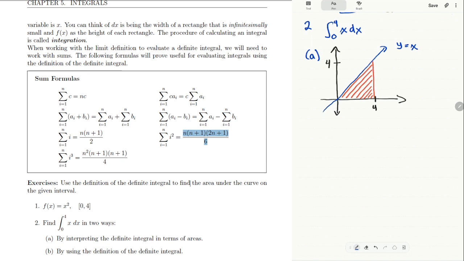And so the definite integral from 0 to 4 of x dx is going to be the area of a triangle, which is a half times the base times the height. Now the base of the triangle has a length of 4, and the height of the triangle is also 4. And so the area of the triangle is a half times 4 times 4, which gives us 8 square units.